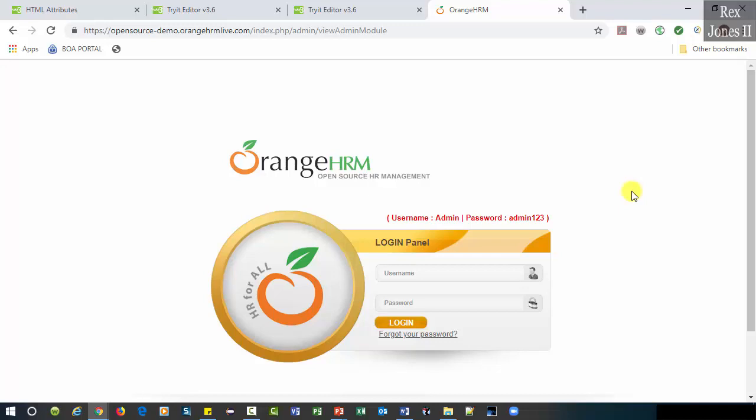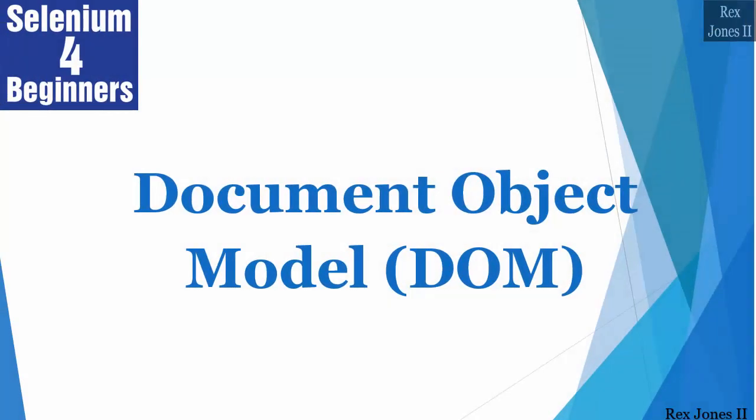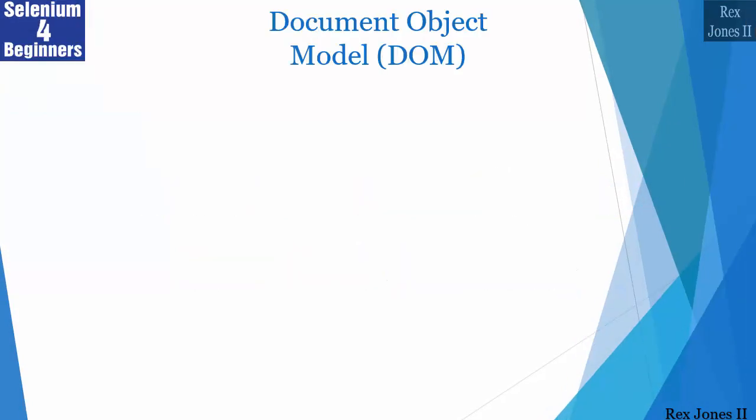However, there is an interface for managing the web page, and that interface is called the Document Object Model, DOM. The DOM is an API, application programming interface, that handles HTML documents as a tree structure by identifying three things.